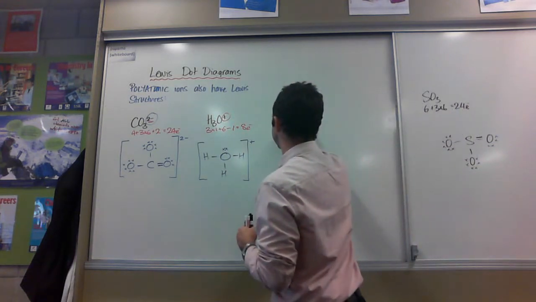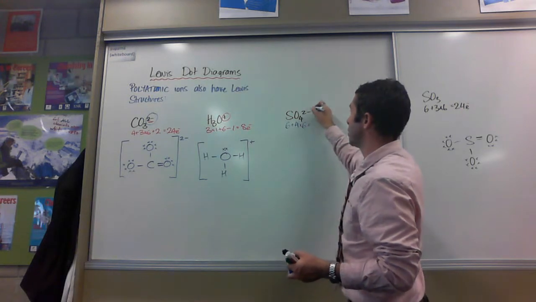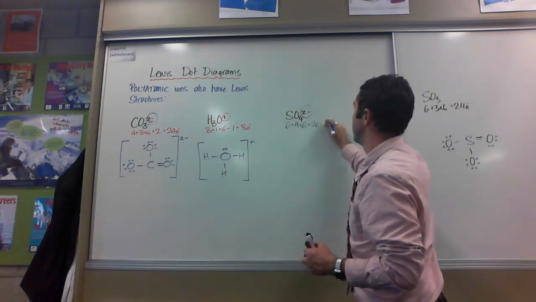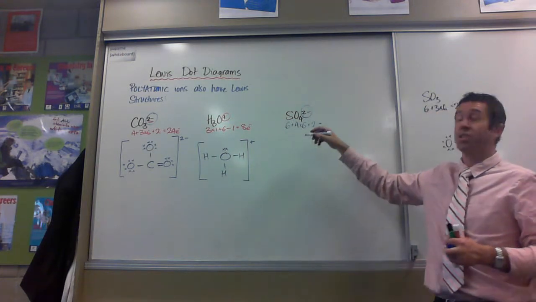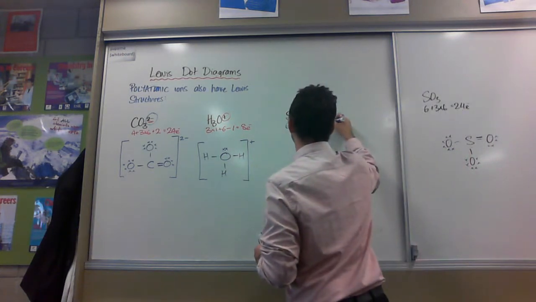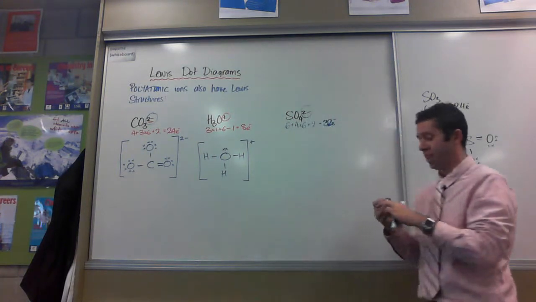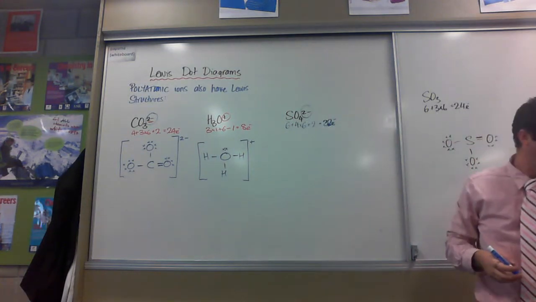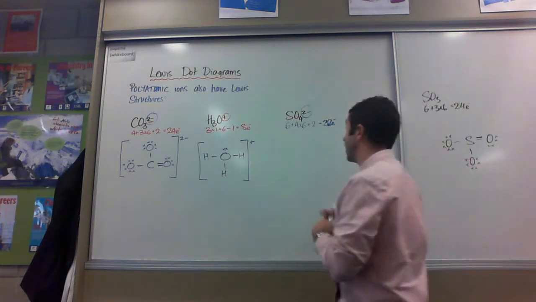Sulfur is 6. And we've got 4 oxygens, which are also 6, and I've got 2 electrons. So I've got 32 in total. 32 electrons. Again, I'm going to infer that sulfur is the central atom because there's only one of them. So it's likely.